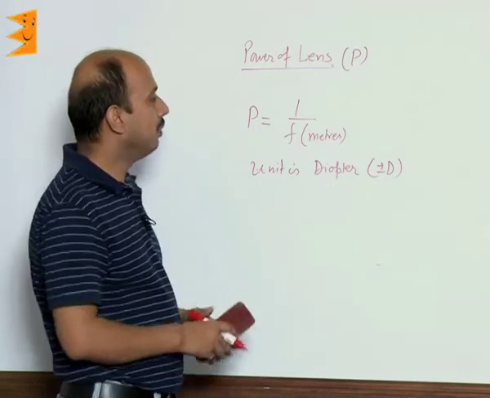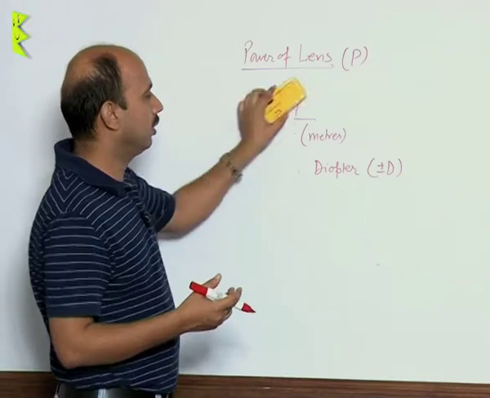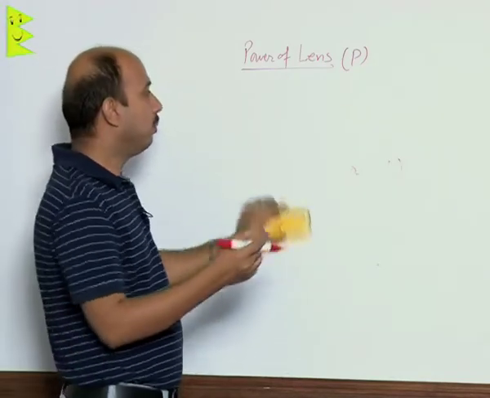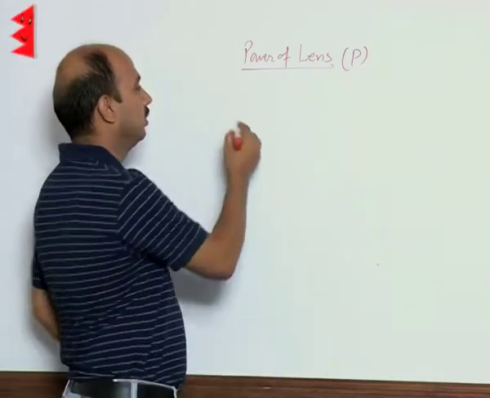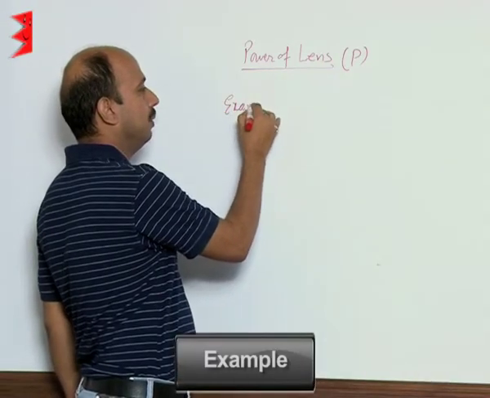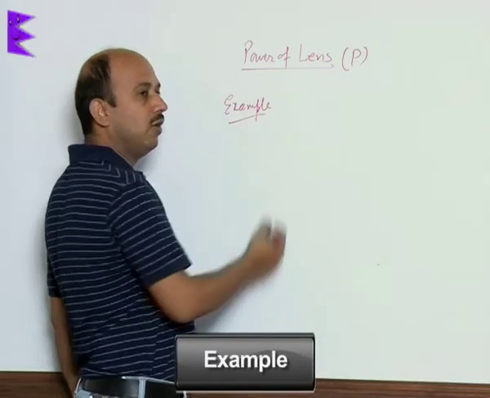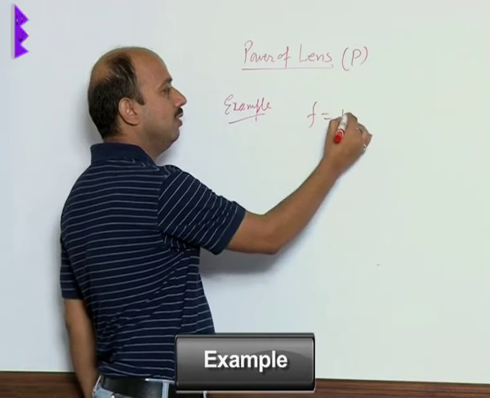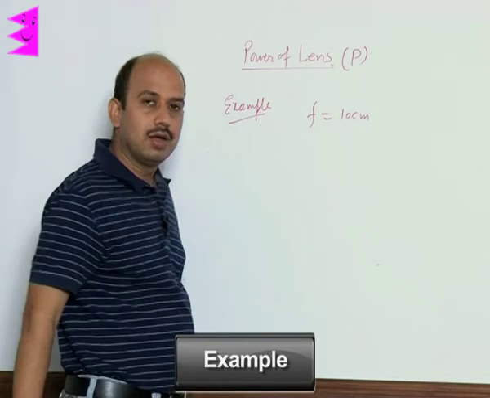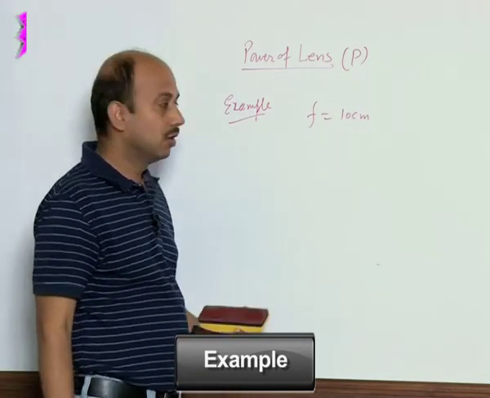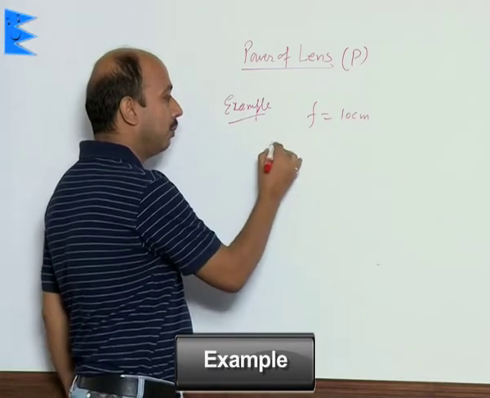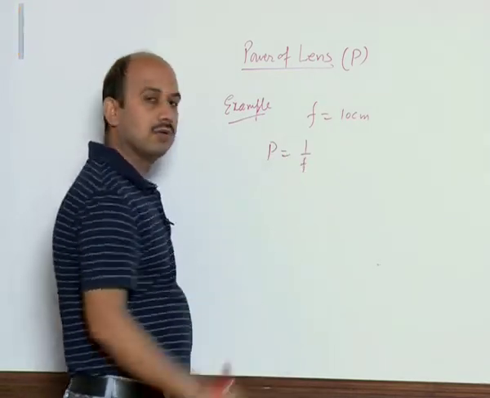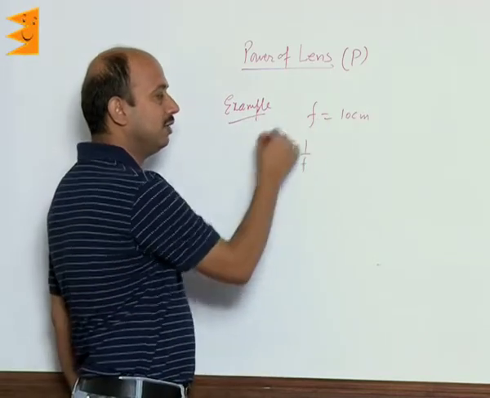So, now I am giving you a simple question related to this. Just we can take an example here. If you have focal length equal to 10 centimeter, find its power. So, how will you calculate power? Power is equal to 1 upon F, but focal length is in centimeters and it should be in meters.